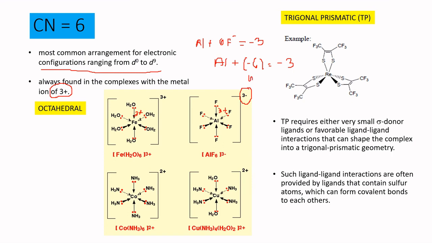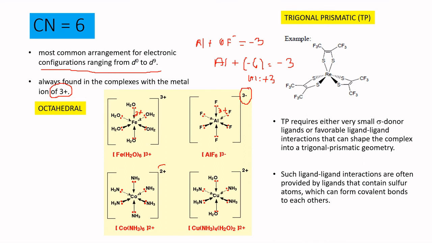So now aluminium is plus 3. That's how we calculate the oxidation states. And if you look at the cobalt here, why is it 2+ cobalt? Because ammonia is neutral, so cobalt is 2+. It's the same with these copper complexes.